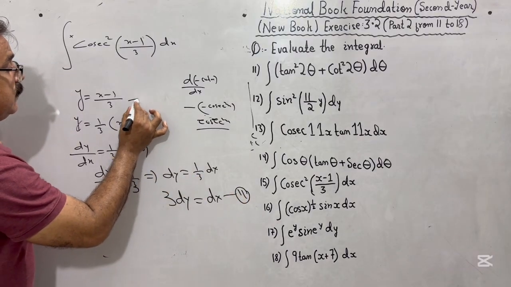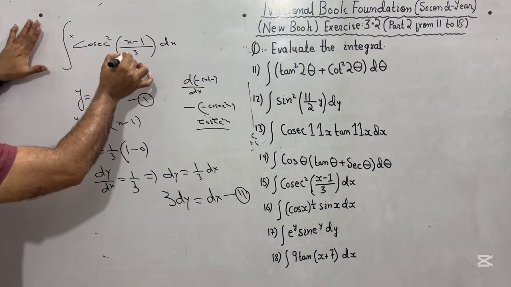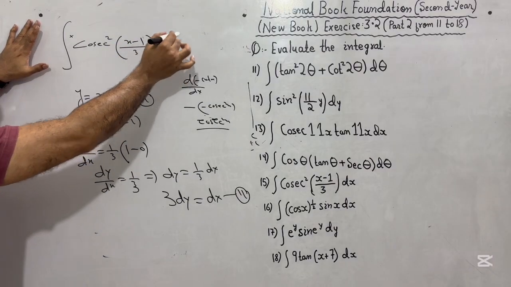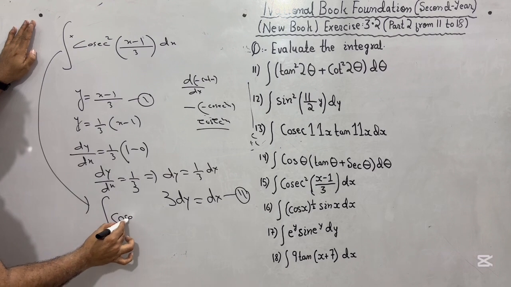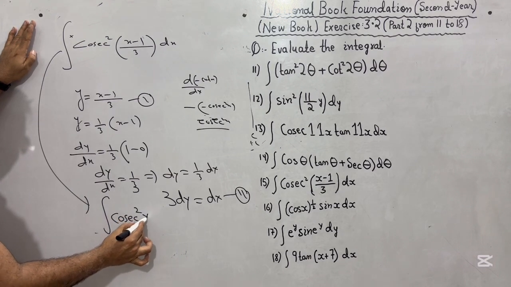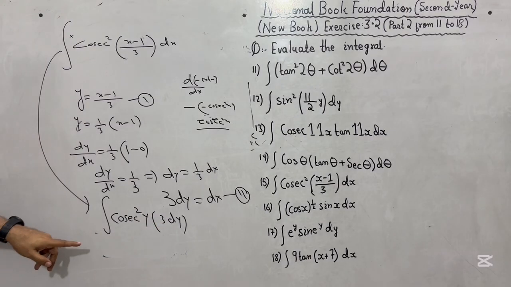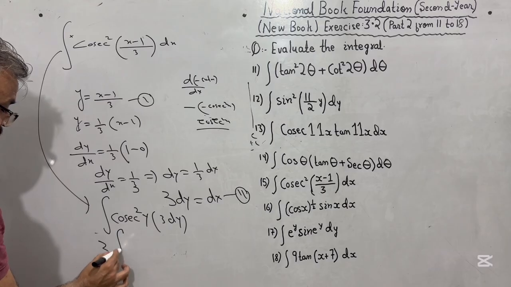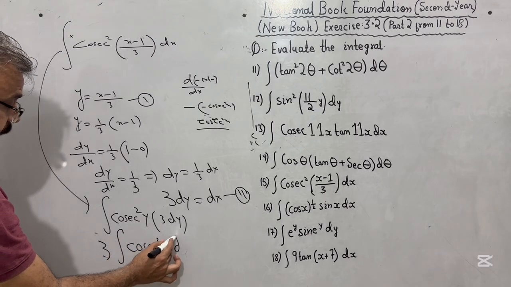Put these values here. Instead of the angle, introduce y, and instead of dx, 3 dy. So we have cosec square y times 3 dy. 3 is a constant to be written outside: 3 times integral of cosec square y dy.